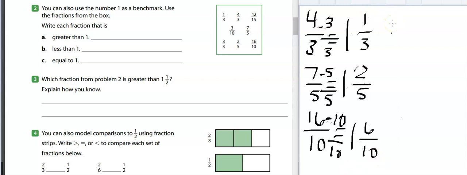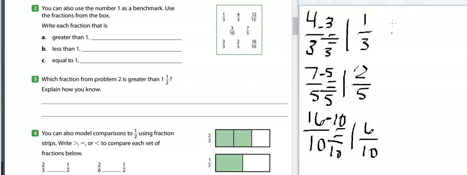Now question 3 asks us, which fraction from problem 2 is greater than 1 1/2, and explain how we know. So 1 1/3, is that greater than 1 1/2? No. 1 2/5, is that greater than 1 1/2? No. 1 6/10, is that greater than 1 1/2? I believe so. And why would 1 6/10 be greater than 1 1/2?